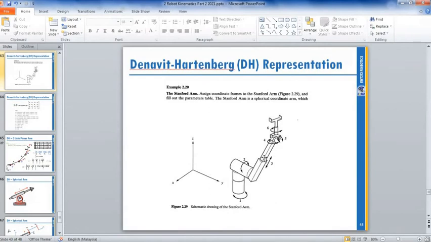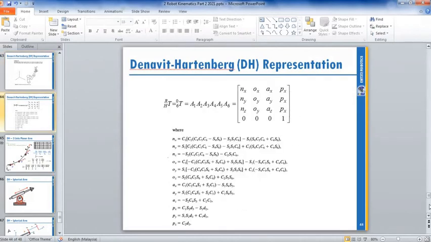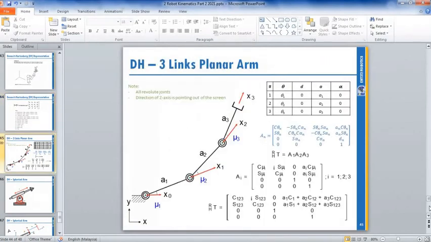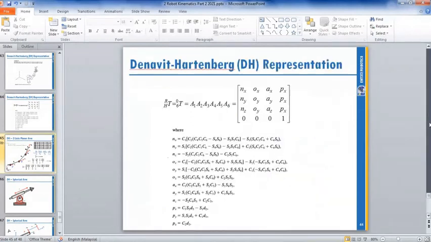Okay, this is linear motion. So this is prismatic. So this is rotation. This is rotation. This is rotation. So if you do your calculation, you do a DH parameter table, you will define this formula lah.